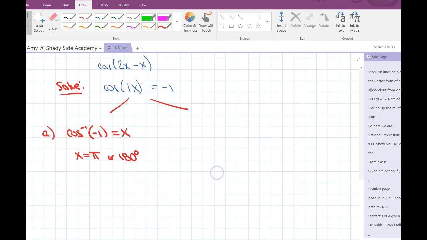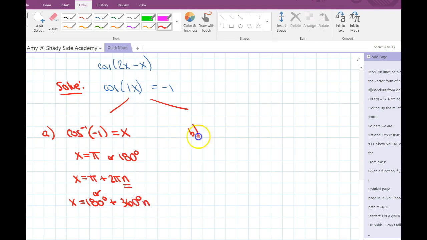Any angle that will land on the same terminal side as pi. And the way we write that is we say x could be equal to pi plus 2 pi n, where n is some integer. N is understood to be some integer. We're saying that x could be 180 degrees or any multiple revolution added to 180 degrees.